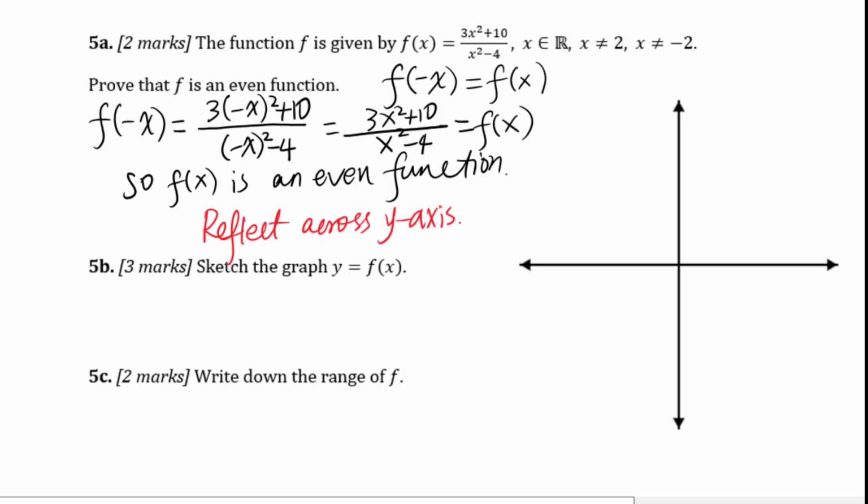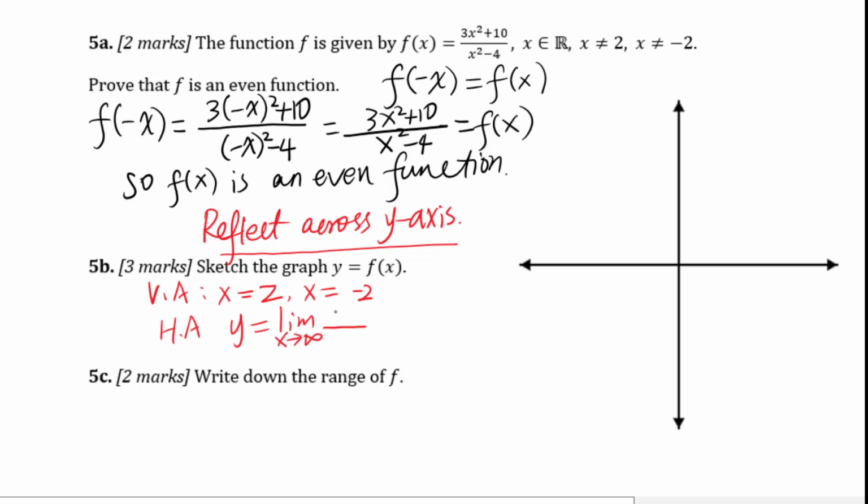For 5b, sketch the graph y equals f of x. So we need to use this property. For the vertical asymptote lines, we have x equals 2 and x equals negative 2. For the horizontal asymptote line, we will get y equals the limit of 3x squared over x squared, which equals 3.